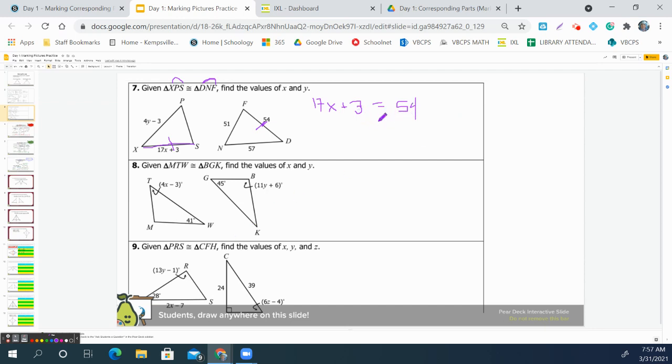So we subtract 3 from both sides and divide by 17, and x equals 3. We're going to do the same thing for y. So the side that has a y variable is this XP side. XP is the first 2 letters. DN is the first 2 letters. So that equation is going to be 4y minus 3 equals 57. What's y equal?